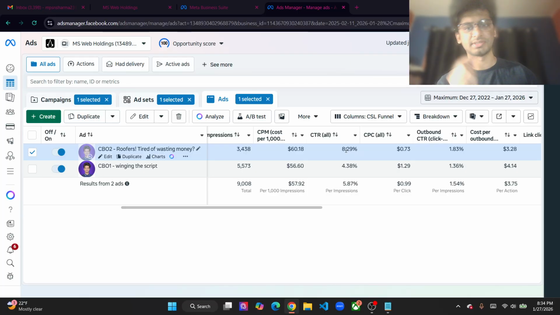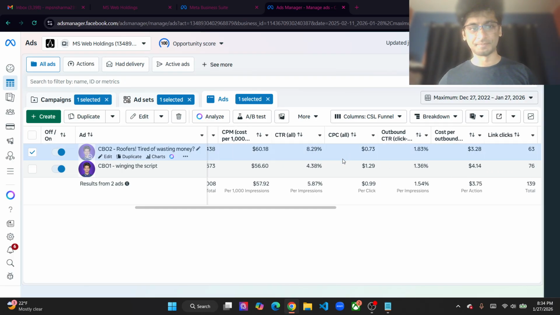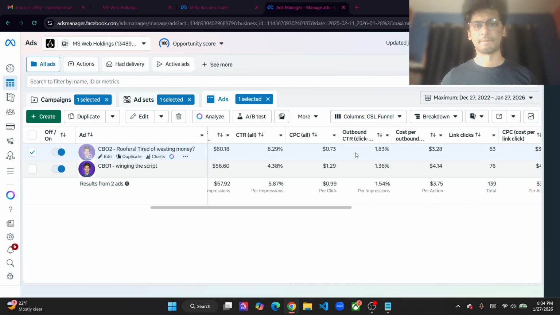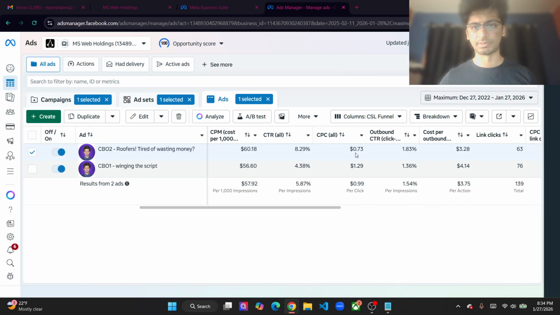That's my guess. I need to do some more research, but the click-through rate on this ad is insane. But what we care about, again, is these checkouts initiated and the website book calls. The click-through rate was insane for this ad. It only booked 2 appointments. So let's just move on.